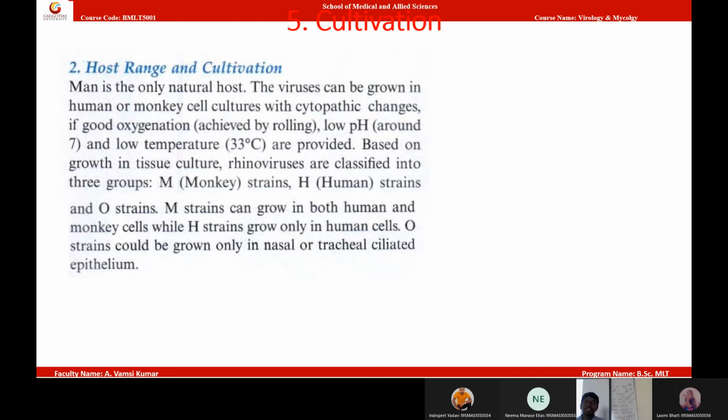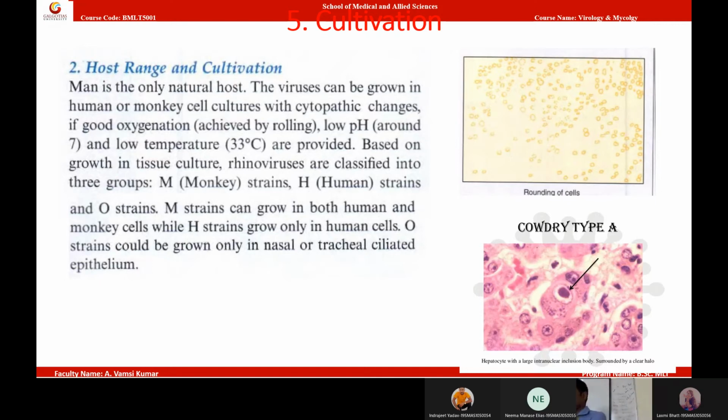Simply human tracheal. Okay, tracheal tissue culture. Actually, tracheal organ culture. This is tracheal organ culture. I'm sorry.